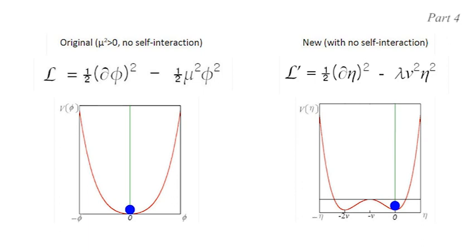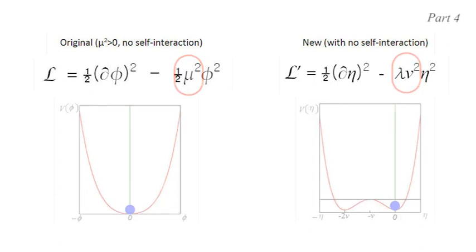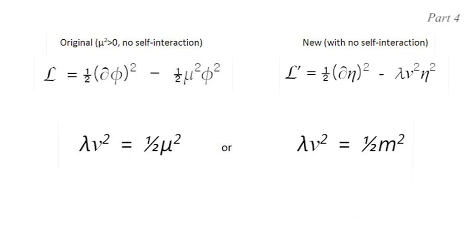For the multiplier of the minus eta squared term in the symmetry broken case, where we're talking about the particle from the Higgs field, we have lambda v squared. By comparing the two parts of the equations, we can see that lambda v squared must represent what a half mu squared did. Lambda v squared, if you like, is equal to half mu squared, or lambda v squared is equal to half the mass squared, where m is the mass of the particle in the side cup.